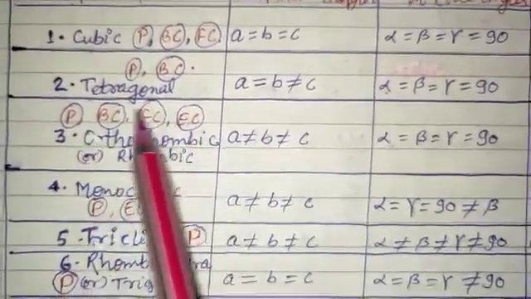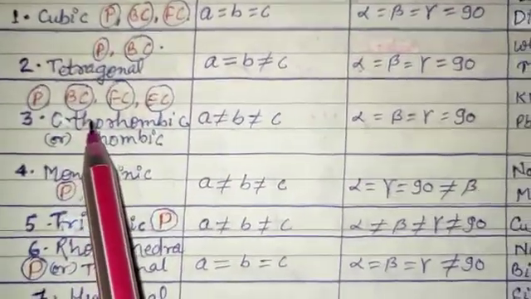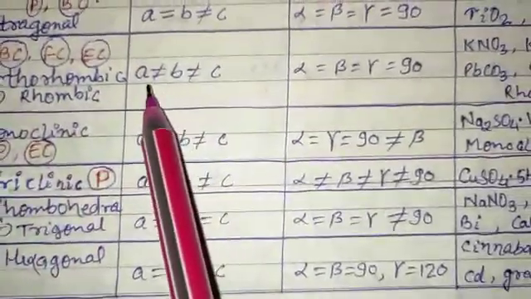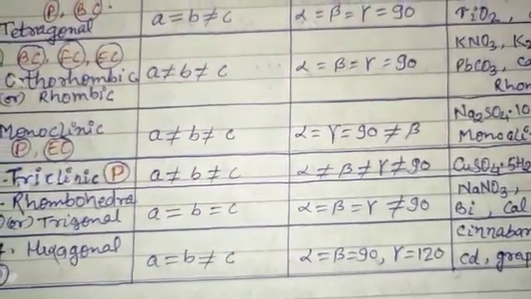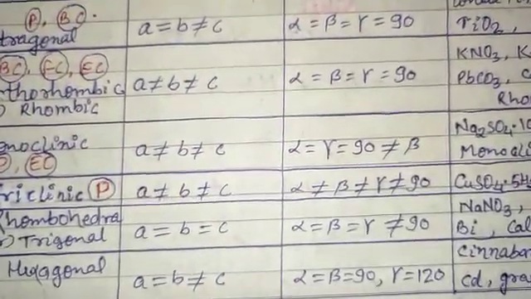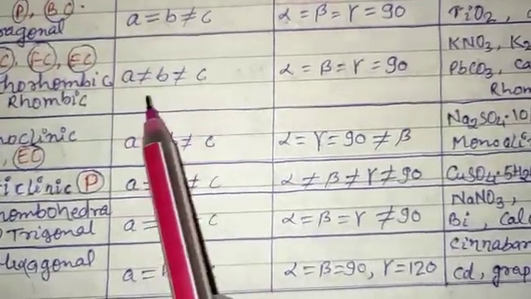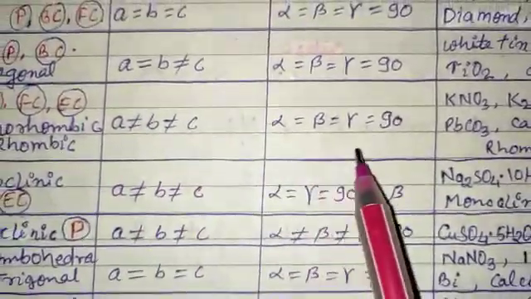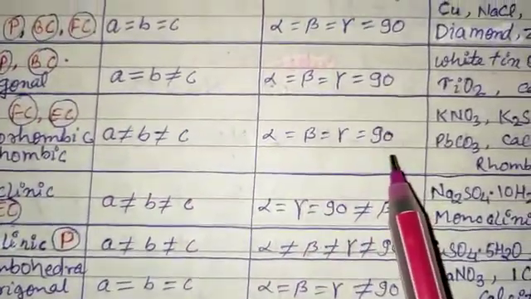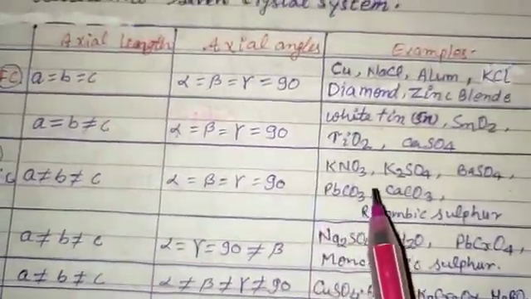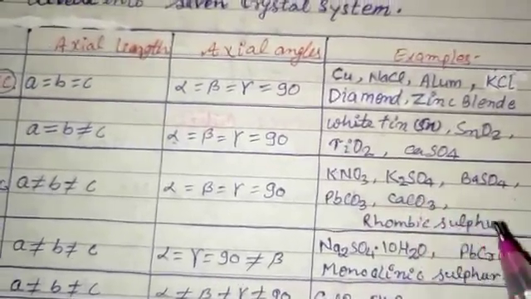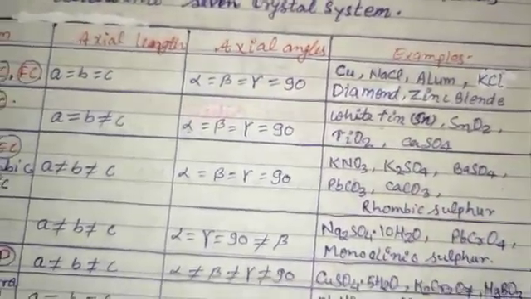So this can form 4 types of crystal lattice, in which a, b, c are all different from each other, and the angles are equal to each other, that is 90 degrees. Examples: potassium nitrate, potassium sulfate, barium sulfate, etc.